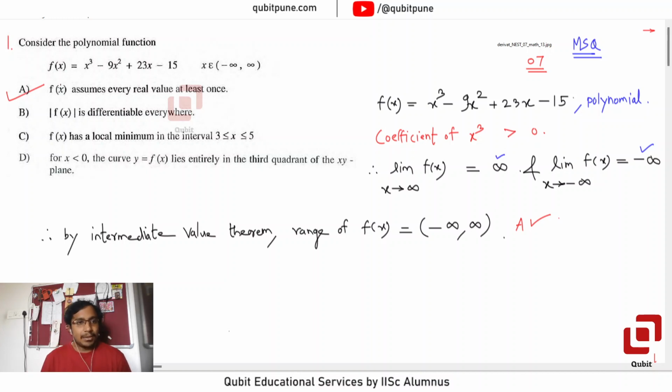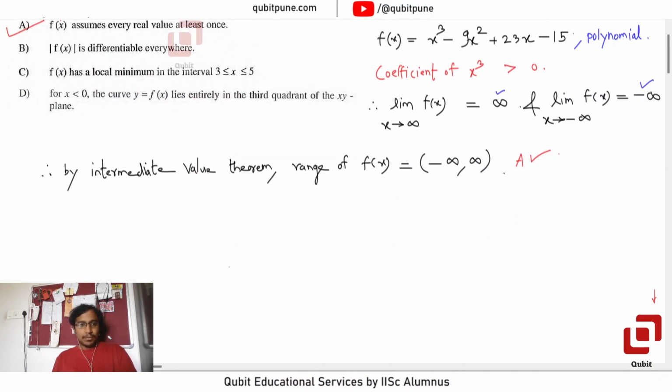Now to talk about options B, C and D, let us take a look at the function's coefficients. What is the sum of coefficients?